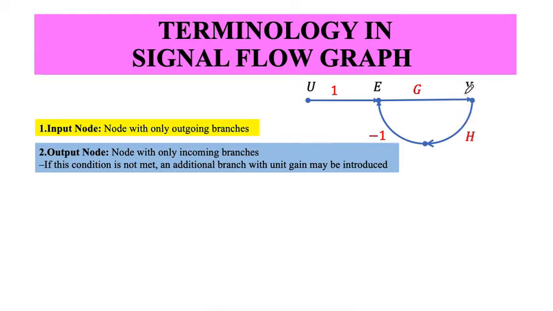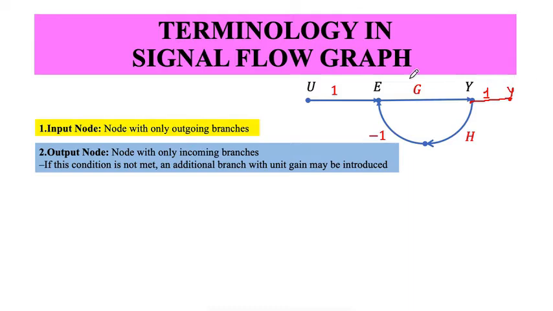Output node is the one which has only incoming branch. If this condition is not met, then we just draw an additional branch, with unit gain.